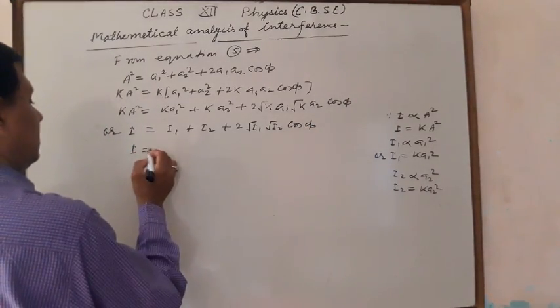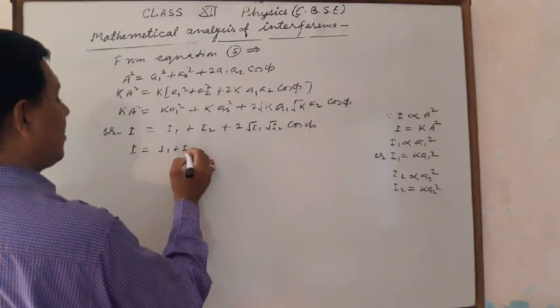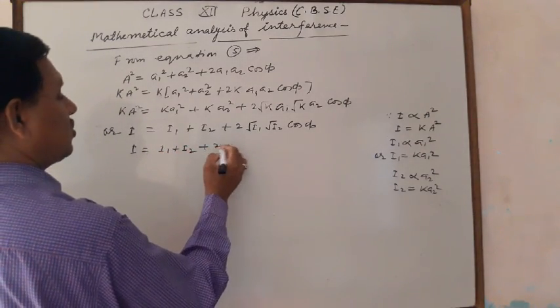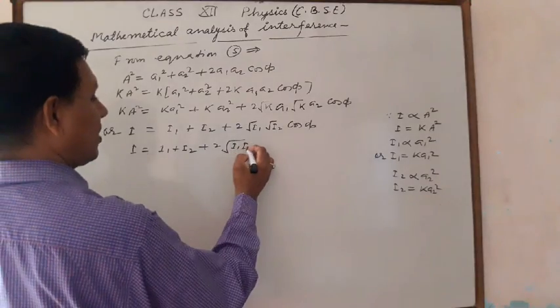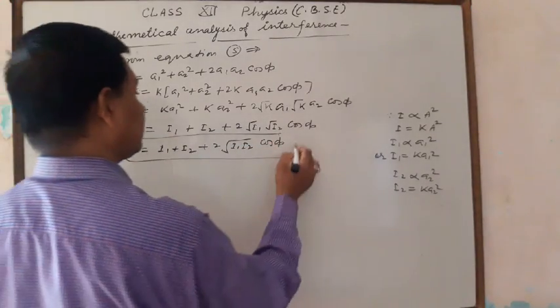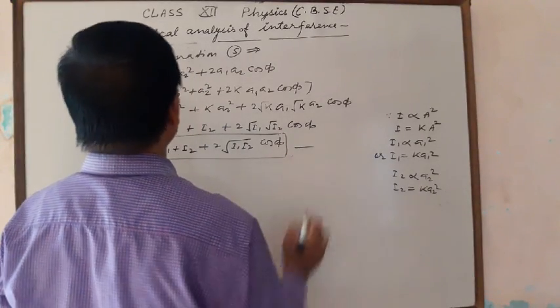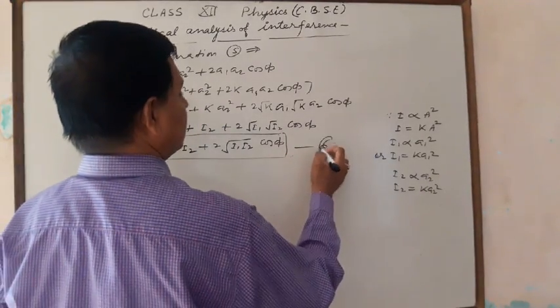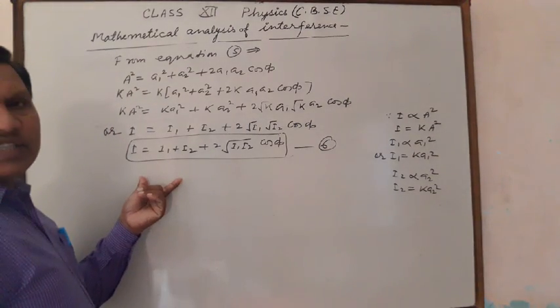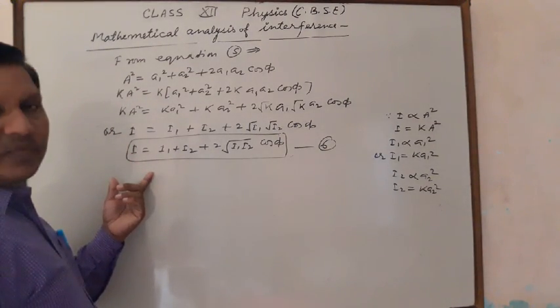This is equation 6. Equation 6 represents the intensity of the resultant wave.